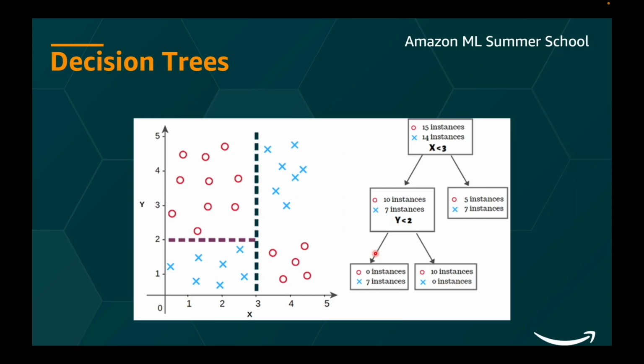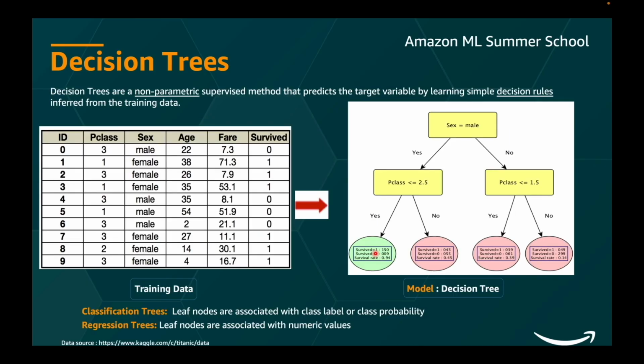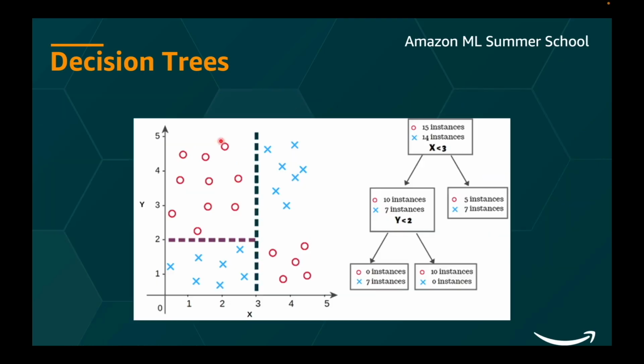So let's talk a bit about what a decision tree is doing. How is a decision tree splitting our input space? And over here you've seen this is a different tree, and I have 2 variables. Variables are similar to my attributes, like p class, sex, age, fare, etc. Over here they're called x and y, but you can imagine they're called x1 and x2 as well.